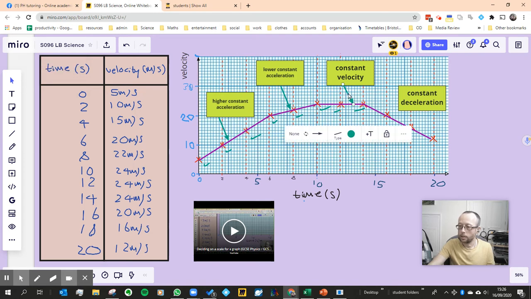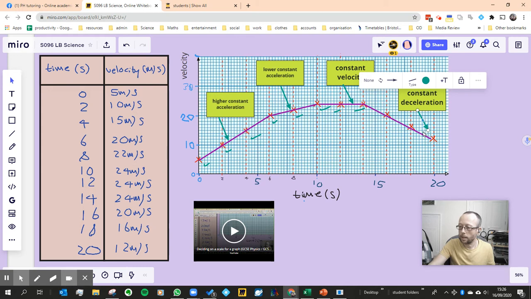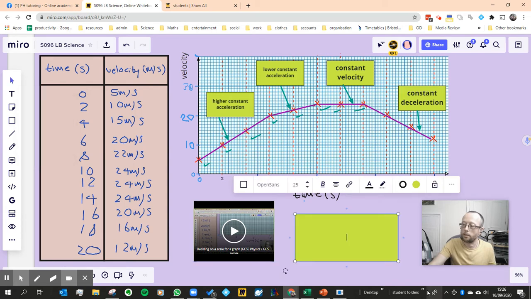Okay, so I'm just going to grab an arrow here, put that there, and label that. Let's just summarize that then. A straight line means constant acceleration or constant deceleration.